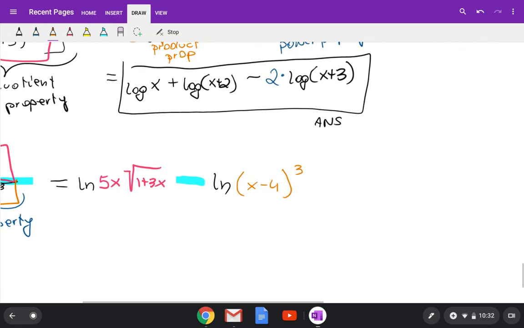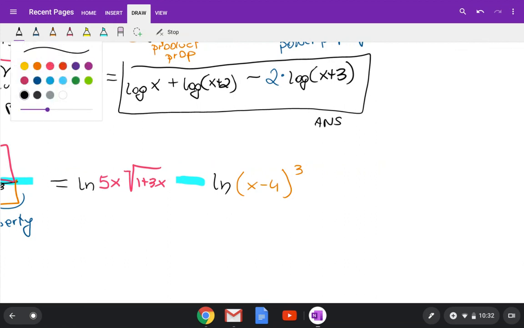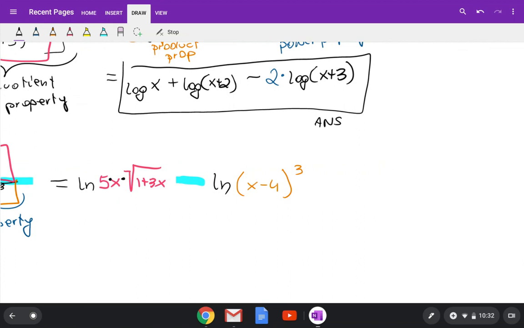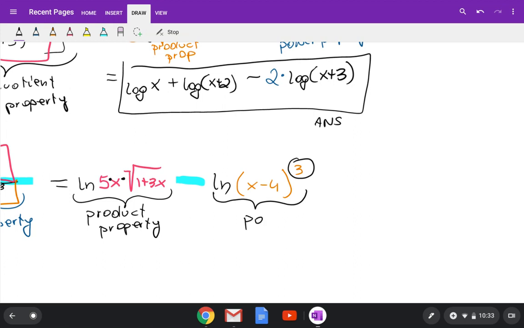So we expand it. We start with quotient, and now you have to expand each ln which you have. So a couple of things here. Don't forget that between x and the square root, it's a multiplication, which is a product. So you're going to apply the product property here. Here you have a power 3, so you will apply the power property.